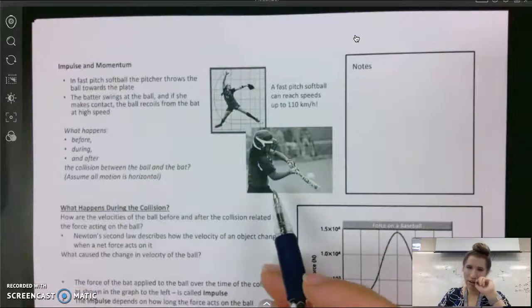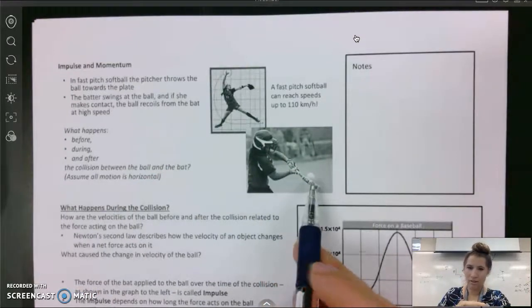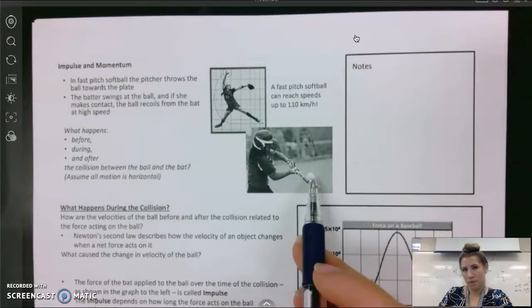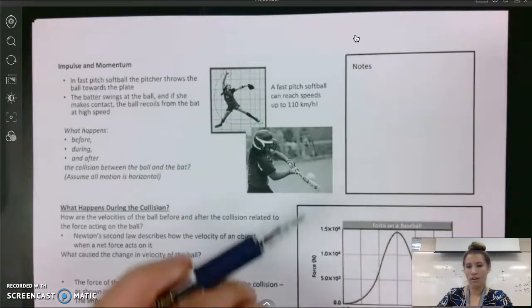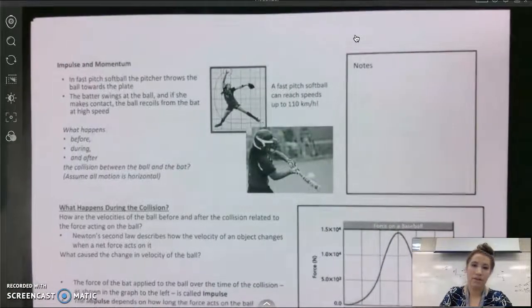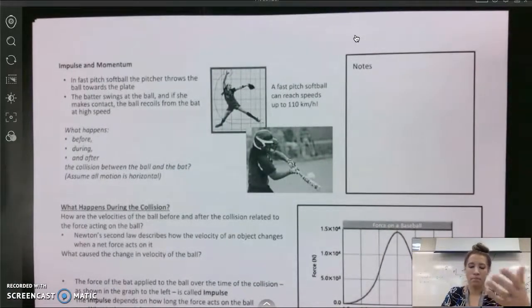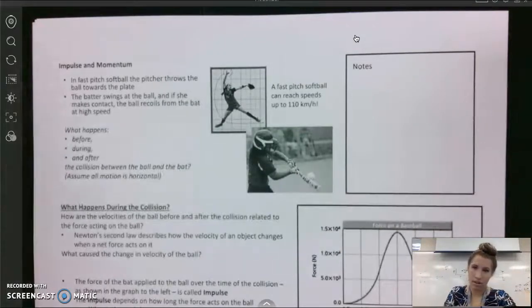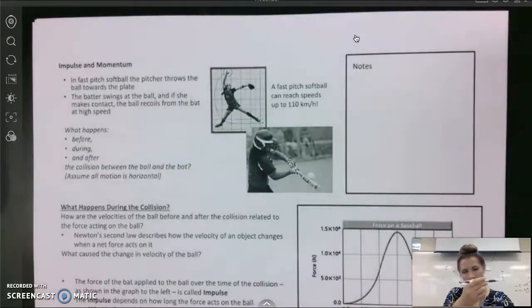But then we have this interaction with the bat, and all of a sudden the ball, which has the same mass, now has a different velocity, and it's going in a different direction. Velocity is a vector component, so that means that we have both a magnitude and a direction. So it could have changed magnitude, which it likely did, and then it for sure changed direction, right? The velocity was headed the one way, and then we hit the ball with the bat. There was an interaction there, and then it was headed back the other way.